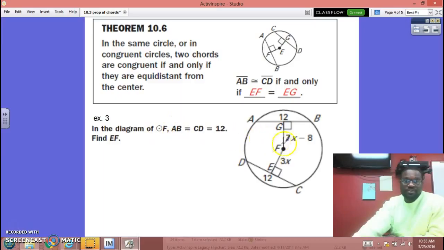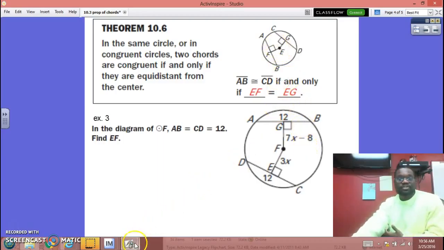In the diagram of circle F, AB equals CD equals 12. Find EF. So what does that mean right here? That means that these are congruent. So if they're congruent, that means that these segments right here are congruent.